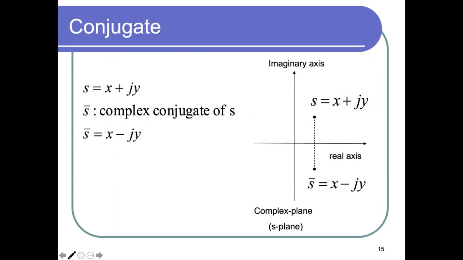Then we have the conjugate. So if I have x plus jy, then x minus jy is the conjugate of it. And if we plot these in the S-plane or the complex plane, then you will have a vertical line between the two. You'll have one above the real axis and one below the real axis.